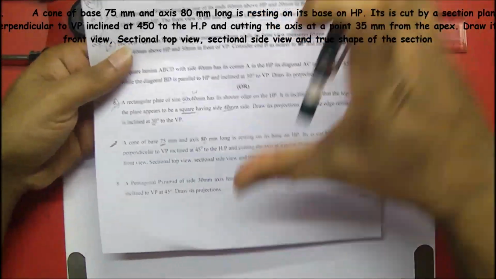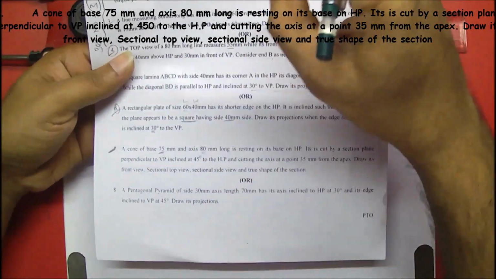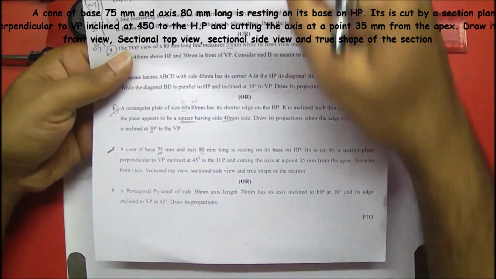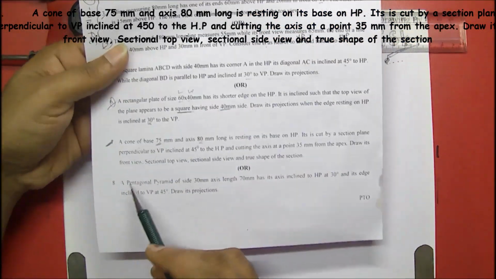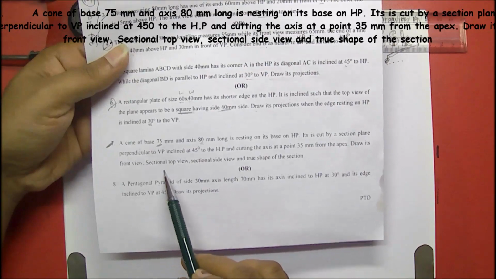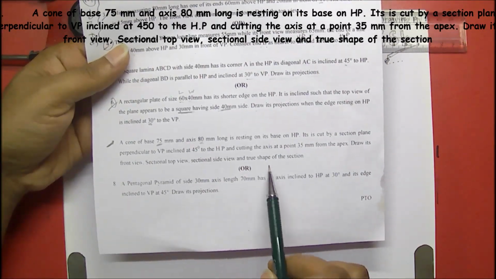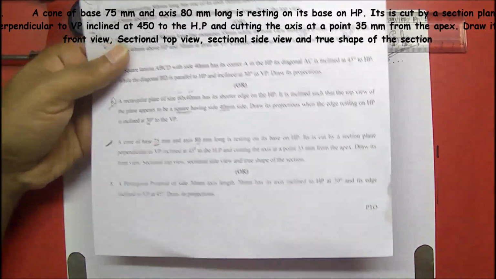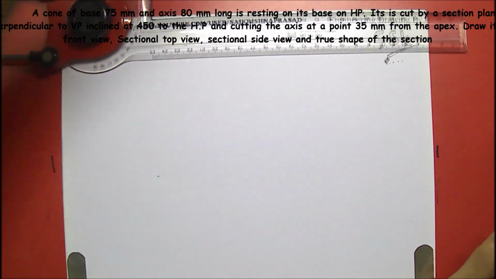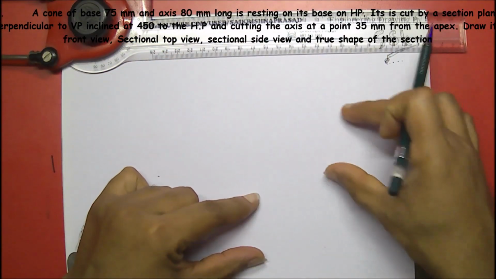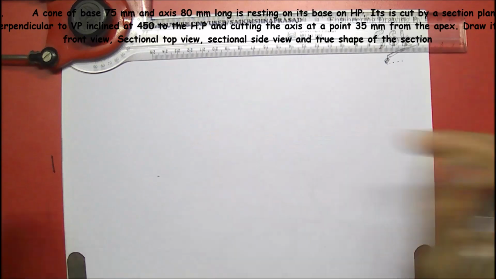The height of the cone is 80, means from the top, 35 mm below the apex point. Draw its projections: front view, sectional top view, sectional side view, and true shape of the section. Means here we have to draw the 4 views: front view, top view, side view, and the true shape of the section, right?